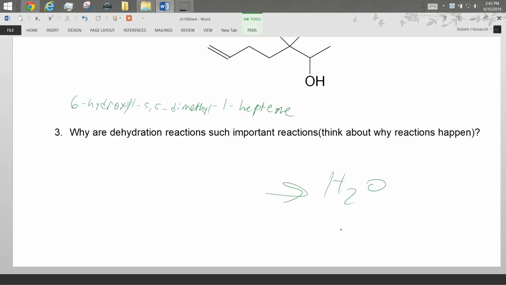You don't have to put energy in to make it happen. So what kind of reactions are they? Spontaneous. Reactions that make water usually end up being spontaneous. So they're really important because you don't have to put a lot of energy into them to get them to happen. You just need to get it going, and then once it gets going, they usually can support themselves.